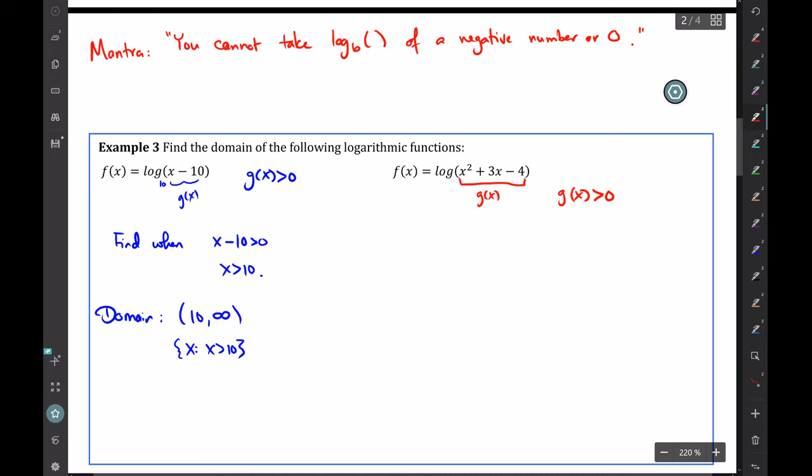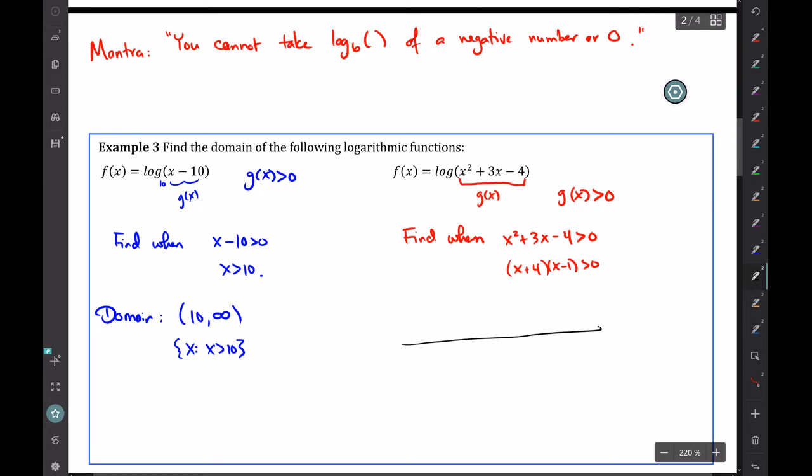To find the domain, we find when x squared plus 3x minus 4 is greater than 0. And the easiest way to do that is to pretend you're setting this equal to 0 and solve, and then check points in between. So you would probably factor this as x plus 4 and x minus 1. Okay?